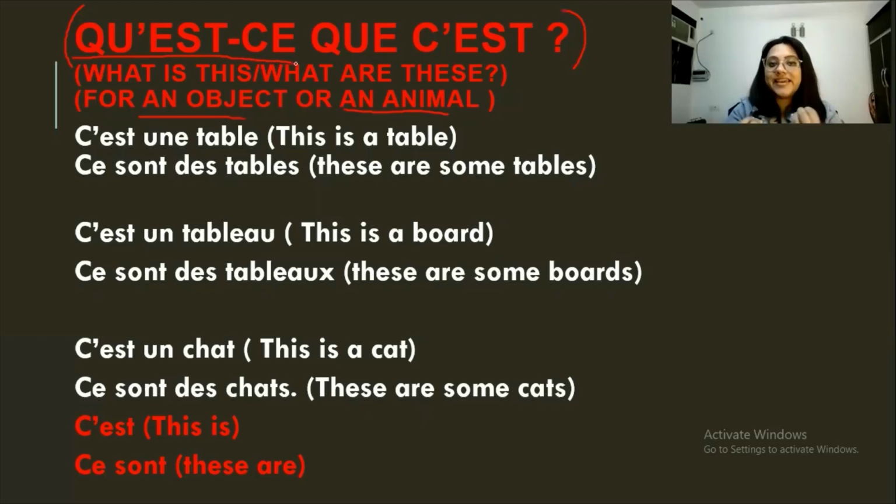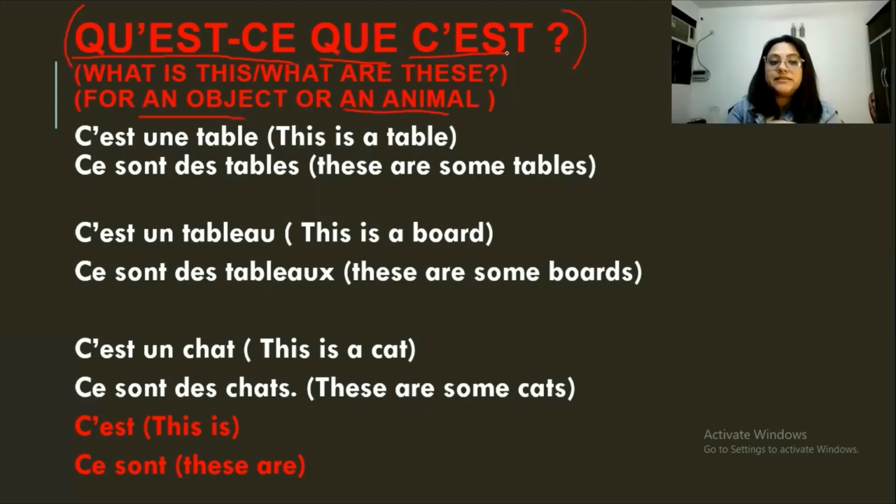Qu'est-ce que, qu'est-ce que c'est, qu'est-ce que c'est, which is, what is this or what are these?